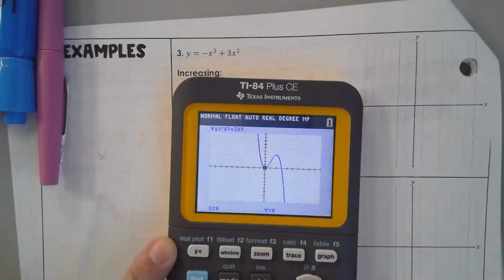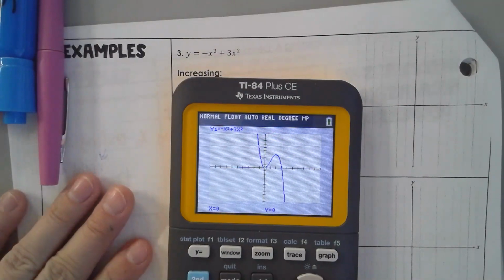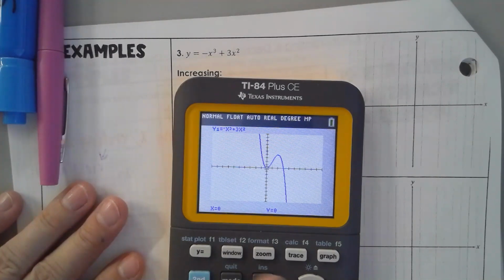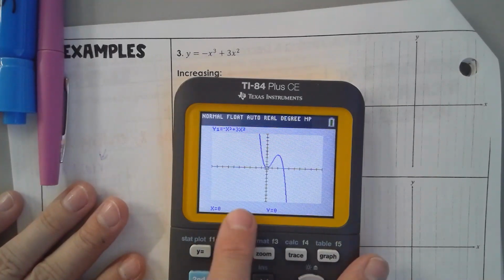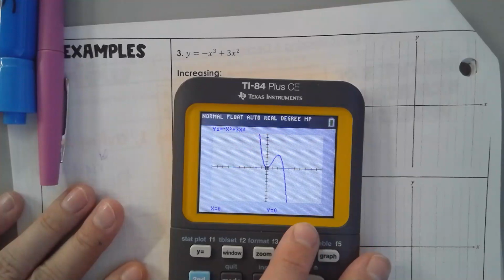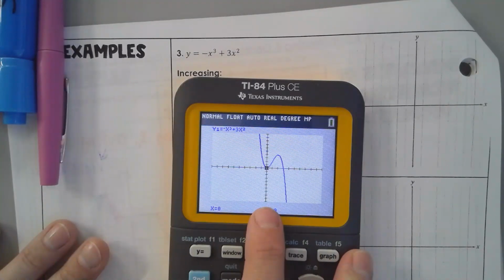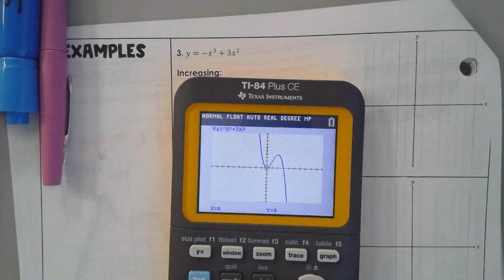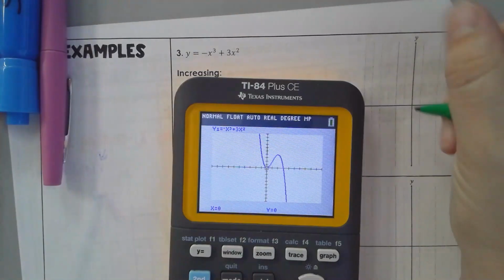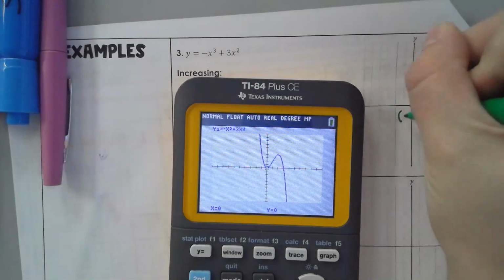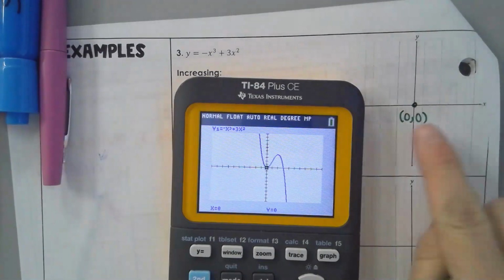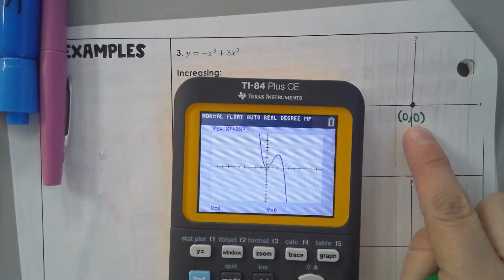It is at the point 0, 0. You may see something a little different. If you see something that has an E in it, that still means 0. So we have a minimum point at 0, 0. And I want you to actually write in that coordinate.